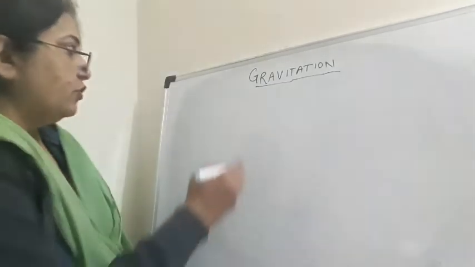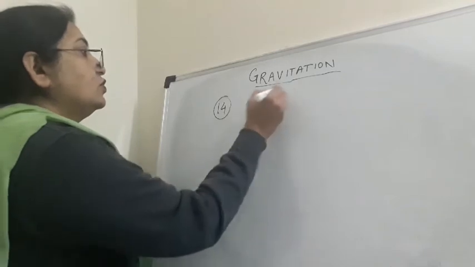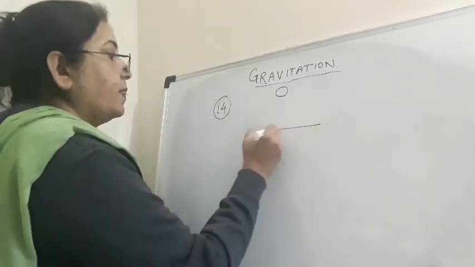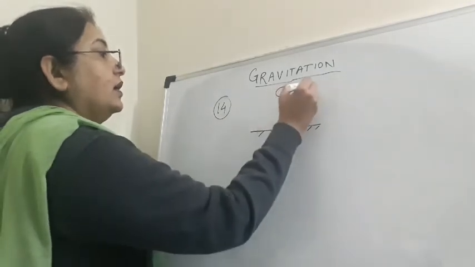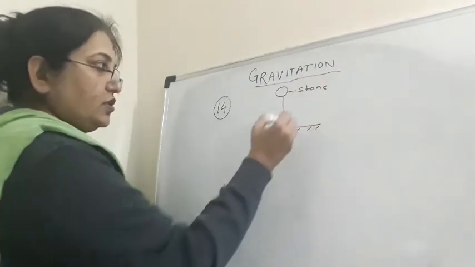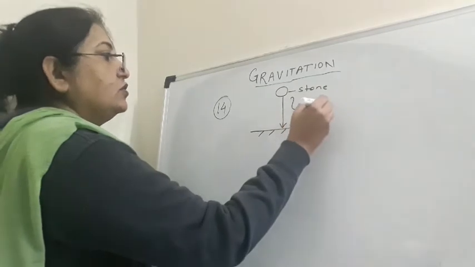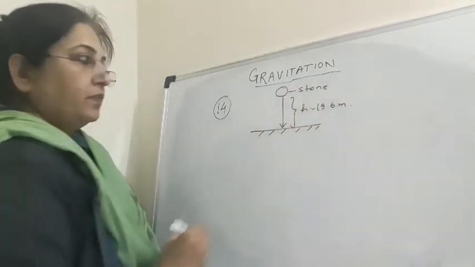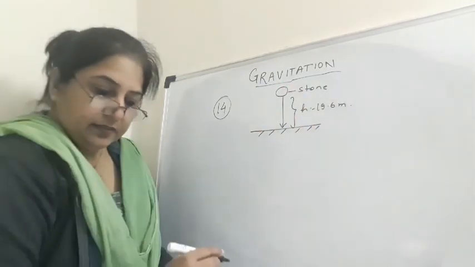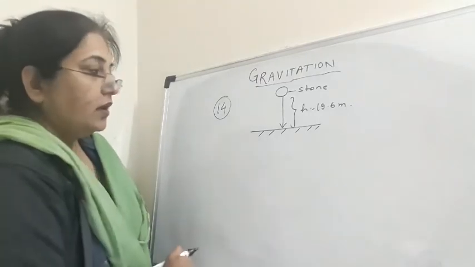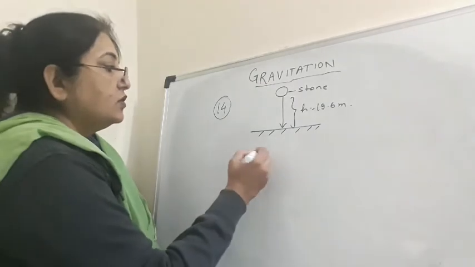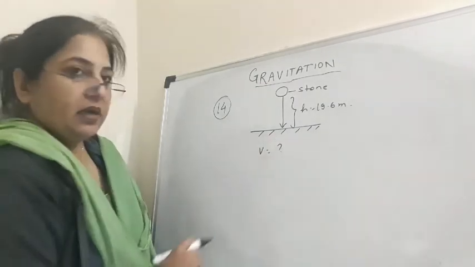So question number 14 says that a stone is falling from a height, okay, and the height is how much? This height h is equal to 19.6 meter. It is saying that you have to calculate the final velocity of the stone before it touches the ground. So therefore v is equal to question mark.